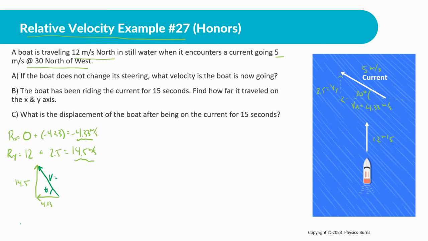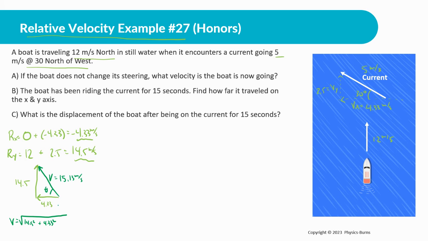I'm just going to do the Pythagorean theorem here to find this. The velocity is equal to the square root of 14.5 squared plus 4.33 squared. So let me do that on my calculator. 14.5 squared plus 4.33 squared, square root of that equals 15.13. So this velocity should be 15.13 meters per second.